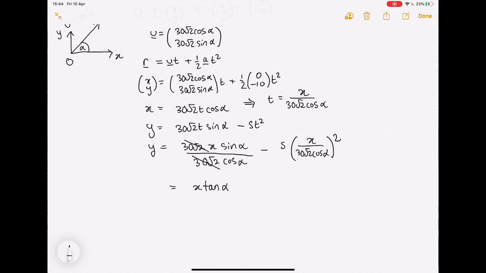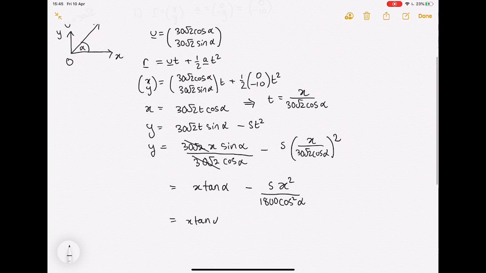Expanding, we get 5 lots of x squared over 30 root 2 squared. That is 30 squared times 2, which is 900 times 2, which is 1800 cos squared alpha.